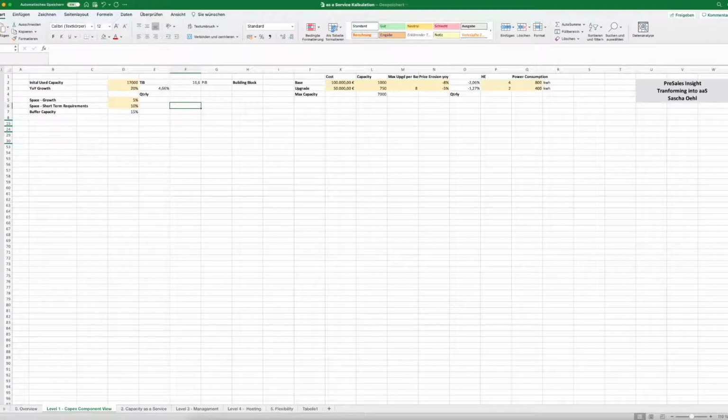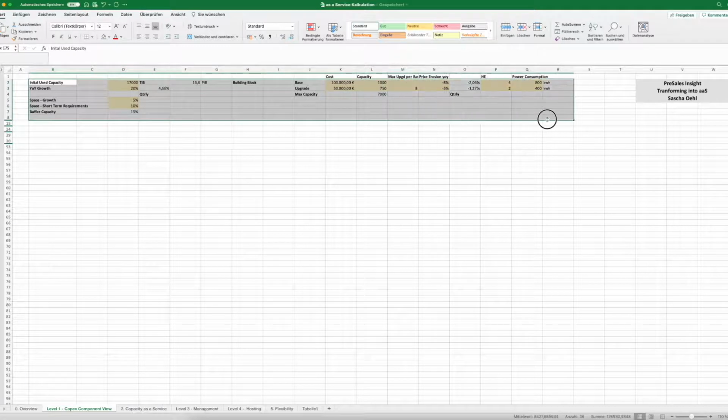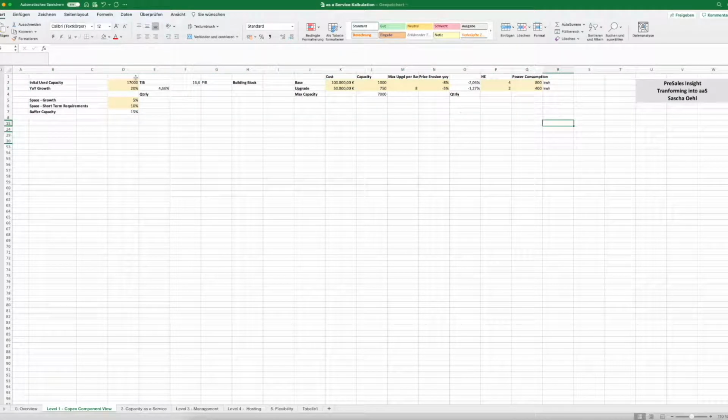The first thing that we do here is we put in the upper part every parameter that we already know. So for example, we know the initial used capacity, which is 17,000.